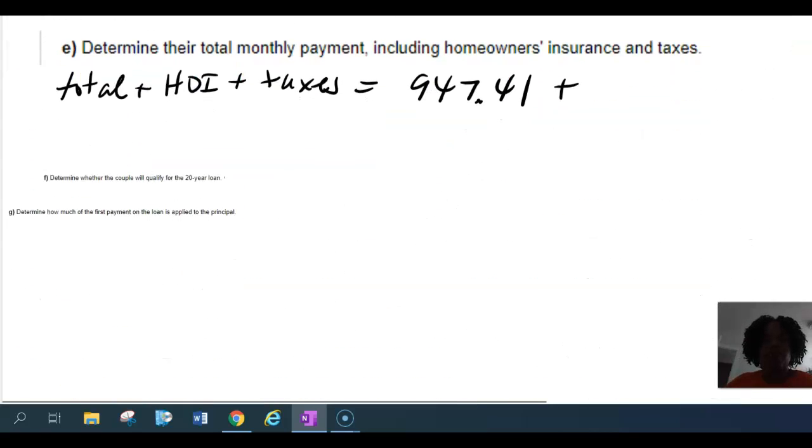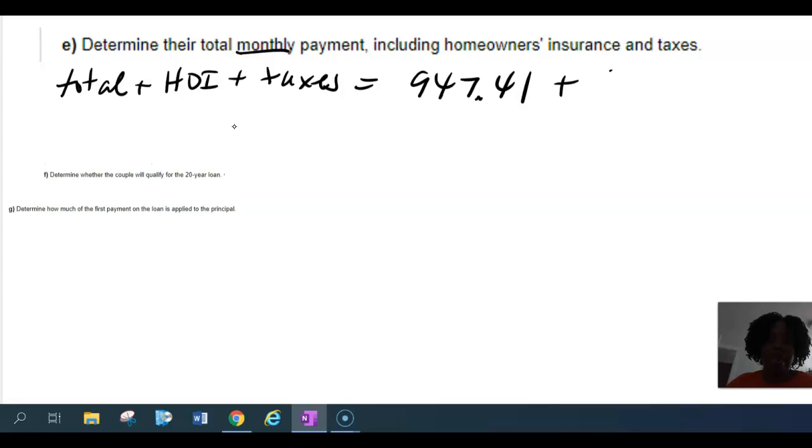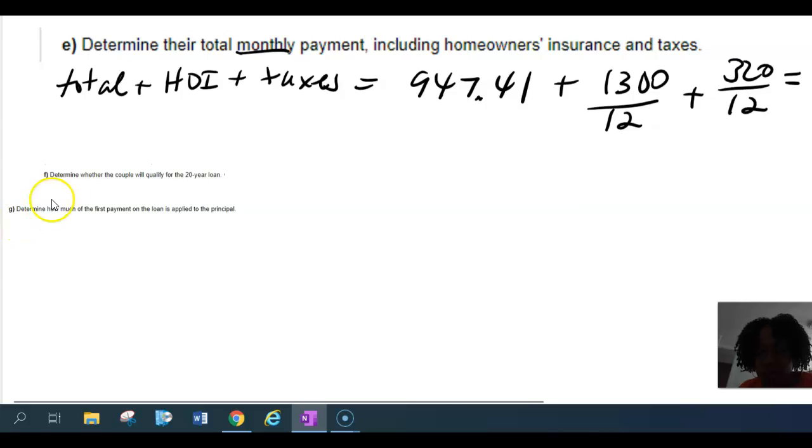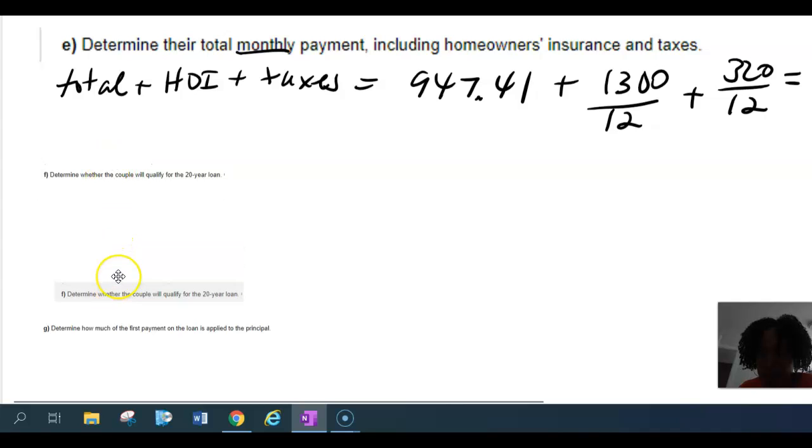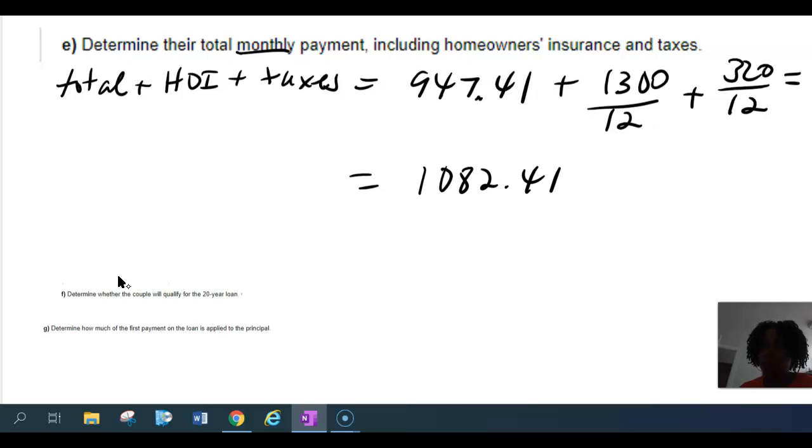So we want to find this per month. We need to take that number, the 1,300, and divide it by 12, and the 320 and divide it by 12. That way we're finding the price for one single month as opposed to the 12 months that make up a year. And so we'll just put that in the calculator and we should get the total payment, including all of these taxes and insurance, should be $1,082.41.